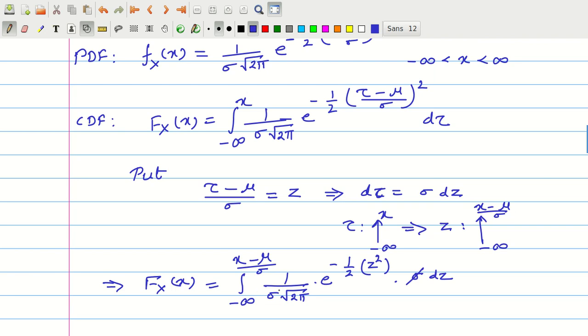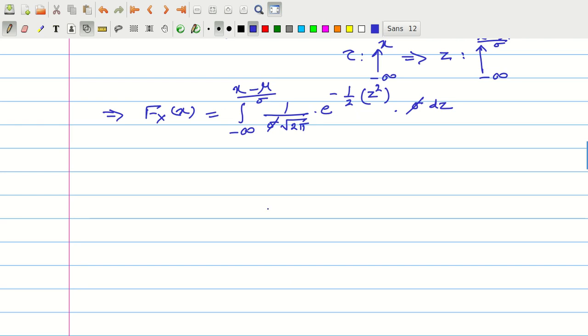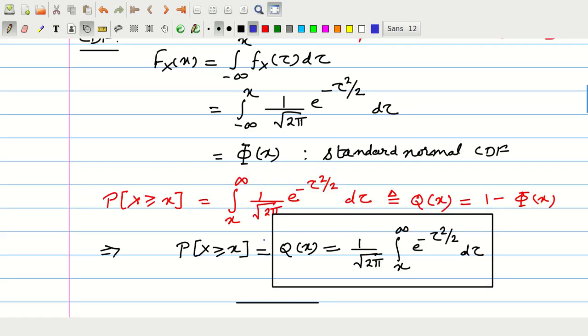Now sigma and sigma cancel, and we get the integration from minus infinity to x minus mu by sigma of 1 over root 2 pi e to the power minus z square by 2 dz, which by definition is the standard normal CDF denoted by phi(x). As you can go back and see the definition of phi(x).